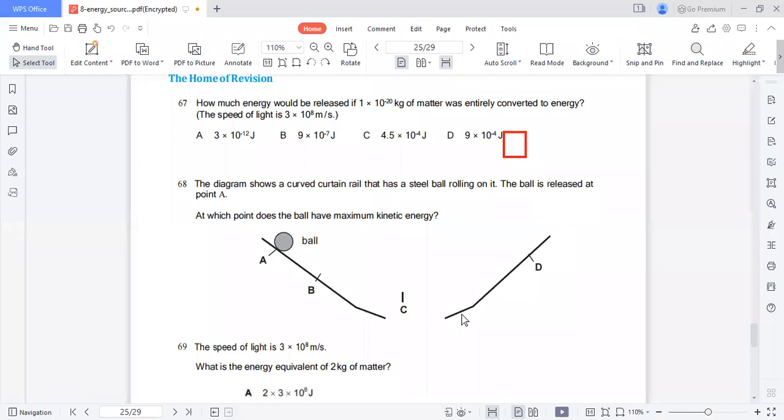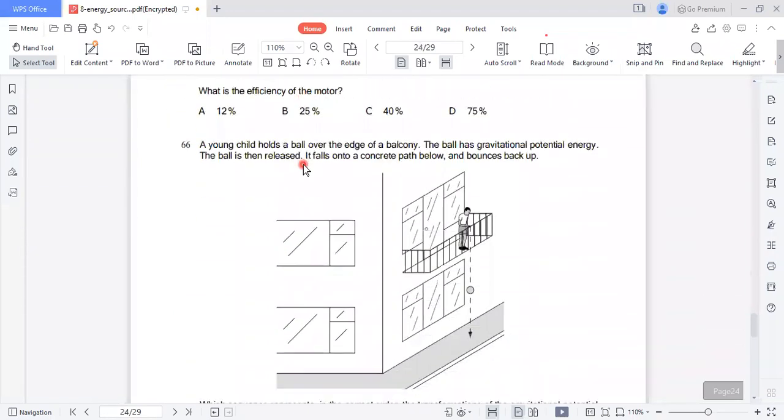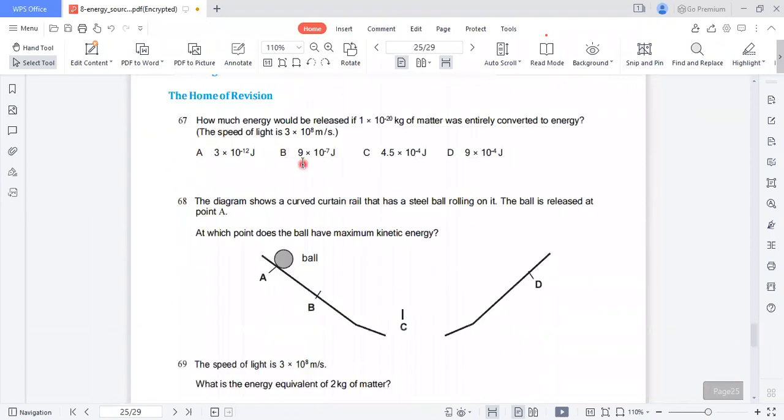In number 67, how much energy would be released if 1 into 10 to the power minus 20 kg of matter was entirely converted into energy?